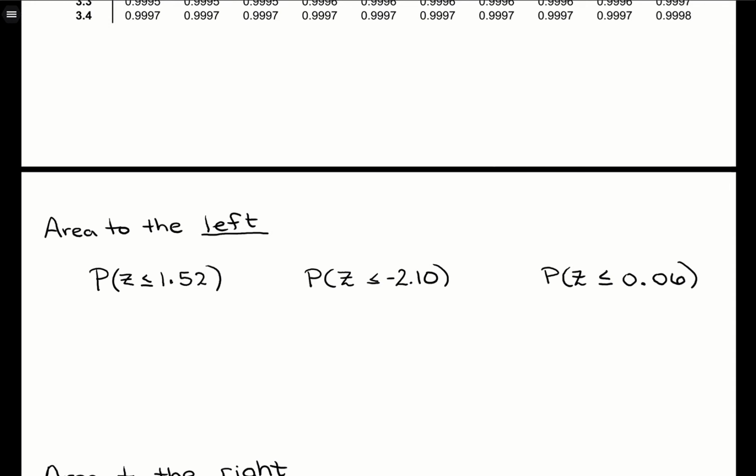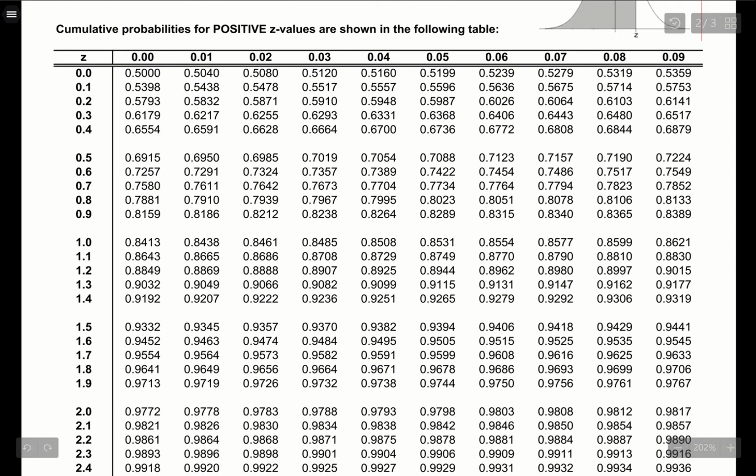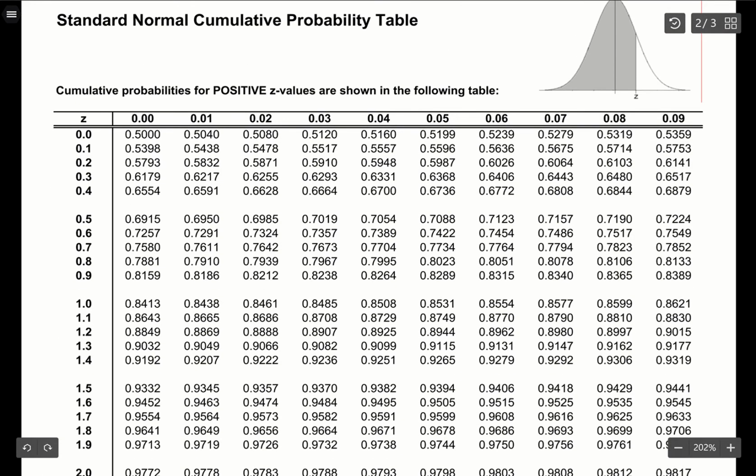So say I want to look at this positive 1.52. So as soon as I see it's positive, I want to go to my positive z-score table. And then I'm just going to write my number up at the top here, 1.52. So what I'm going to do is first find my 1.5. So I go along the left-hand side of this table, I find my 1.5, which means the area that I'm looking for is going to be somewhere in this row here.